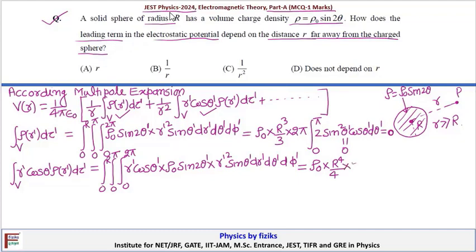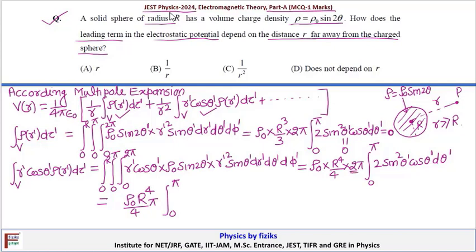The d phi integral will give you 2 pi. And for the integral with respect to theta dash, if we write sine 2 theta as 2 sine theta cos theta, that will give you 2 sine square theta dash cos theta dash d theta dash. And this we can write as rho naught R power 4 by 4 into pi, from 0 to pi.